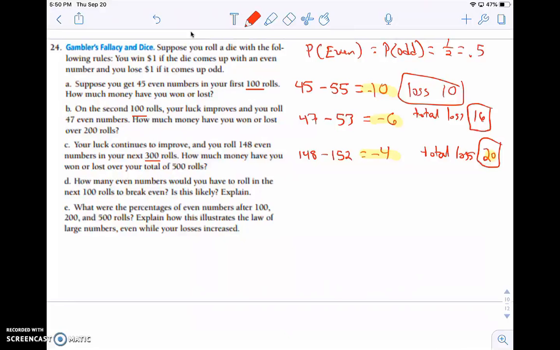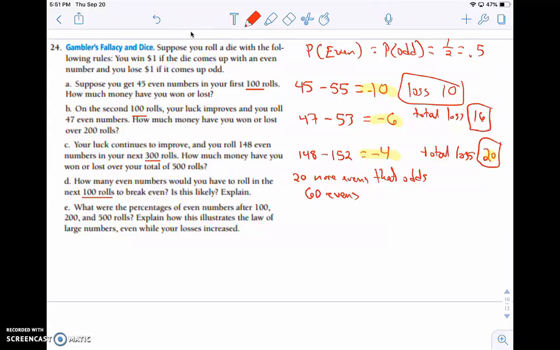Okay, so then the next one says, how many even numbers would you have to roll in the next 100 rolls to break even? So we're down at this point. We're down by $20, so we need 20 more evens than odds on these last 100. So that would mean you would need 60 evens.